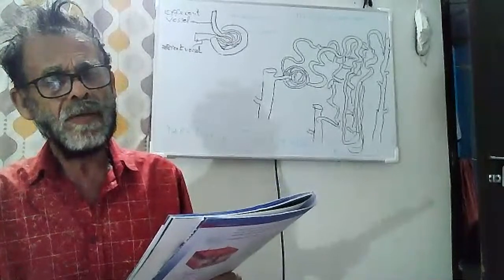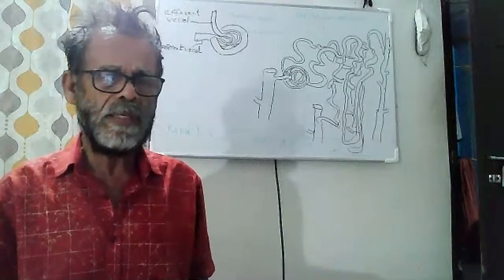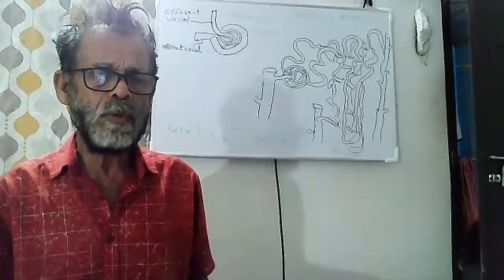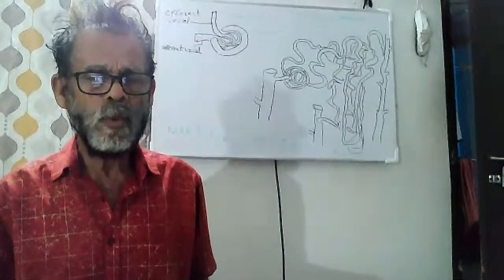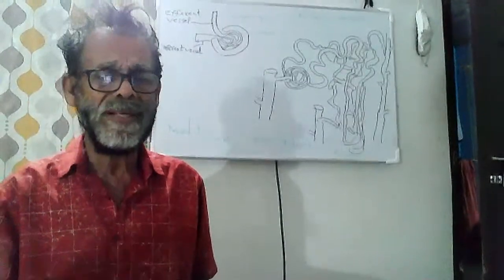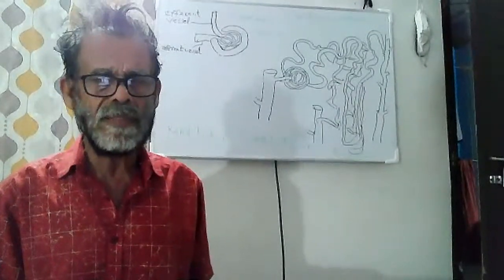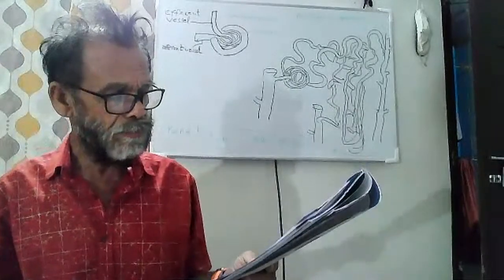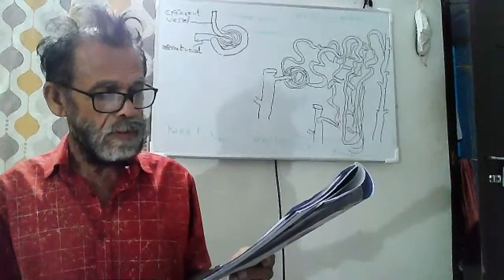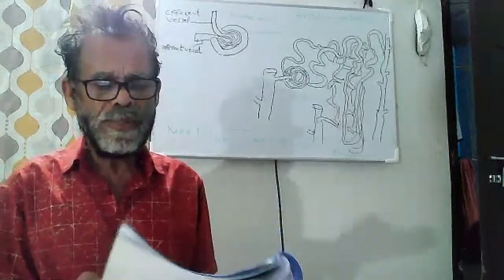The pyramids are protruded into the pelvis, and urine trickles down little by little into the pelvis. So these are all the macroscopic structure.